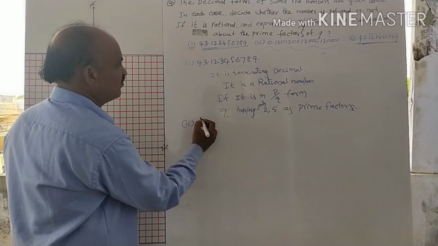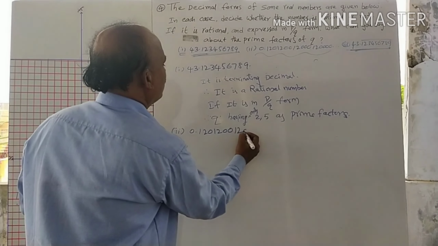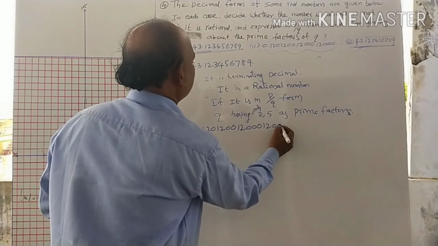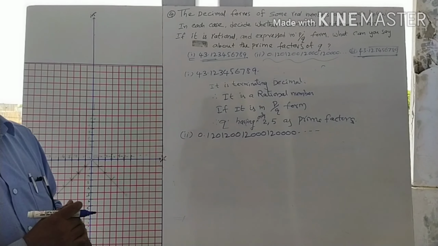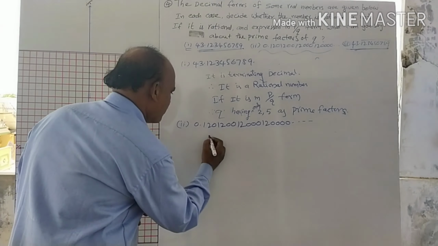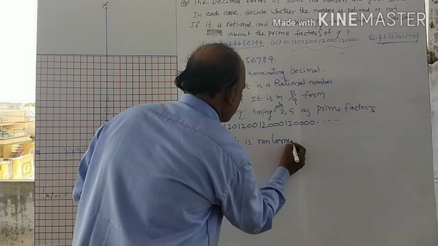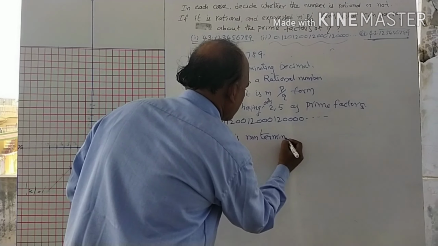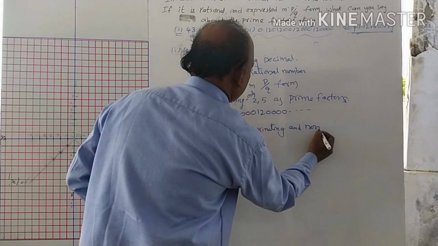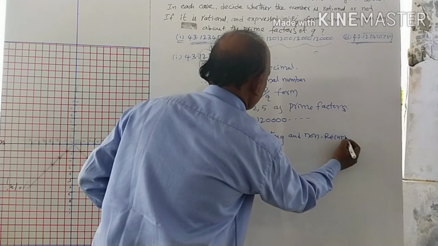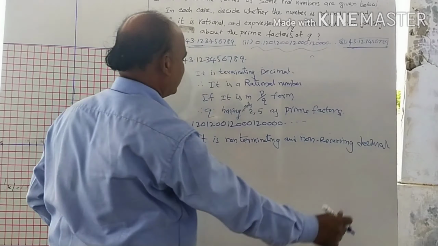Second one, 0.120, 1200, 12000 and so on. It is a non-terminating and non-recurring decimal.